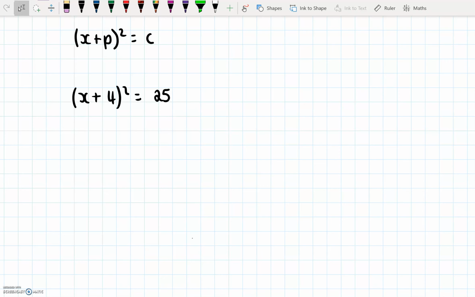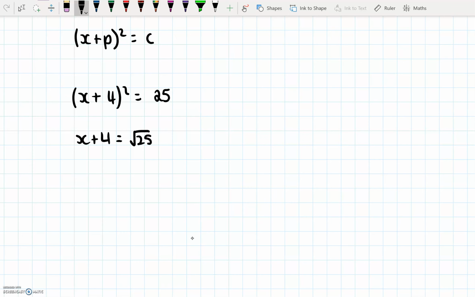And what we want you to do in this case is firstly think about it. You have something squared equals something. So what we can do is we can just take the square root of both sides. So on the left, we will have x plus 4 equals, so that's the square root of the left side. The square root of the right side is going to be the square root of 25.